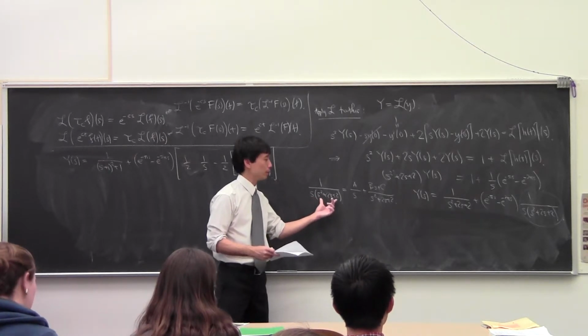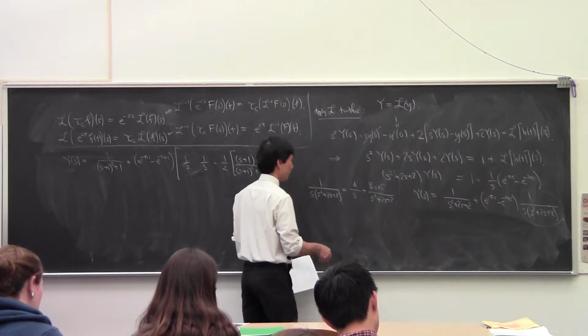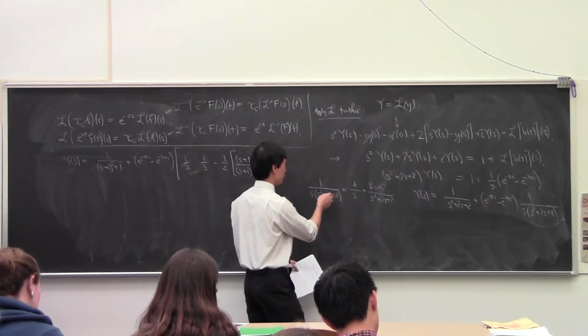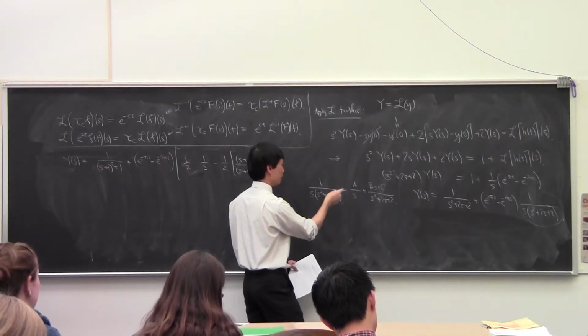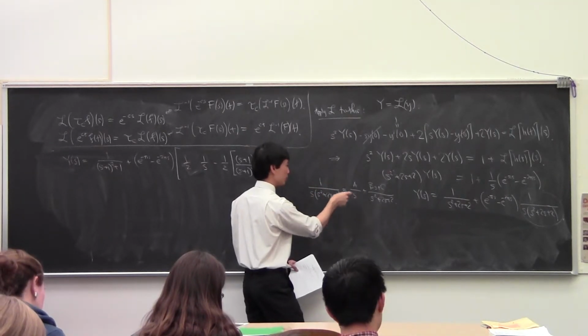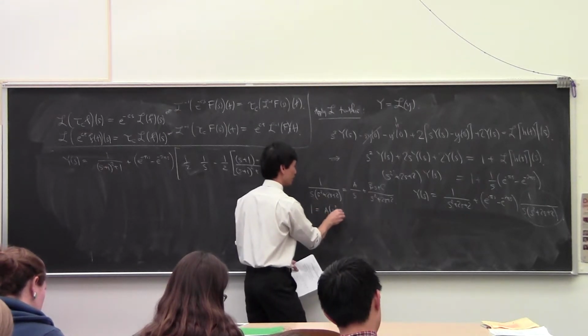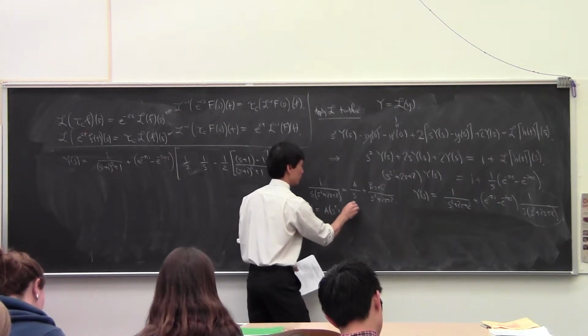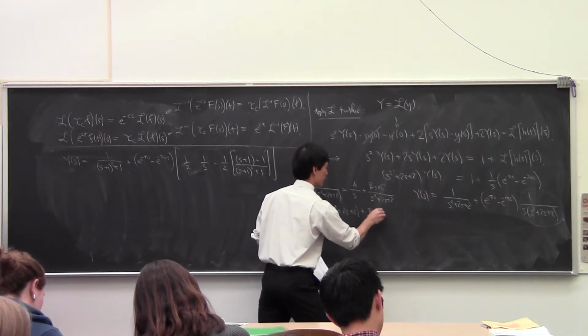That's just the rule. Then you figure out what A, B, and C are by multiplying through. You say, well, 1 is equal to A times (s squared plus 2s plus 2) plus (B s squared plus C s).